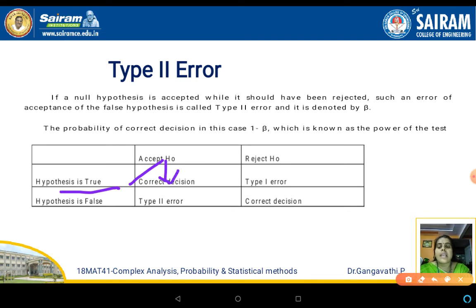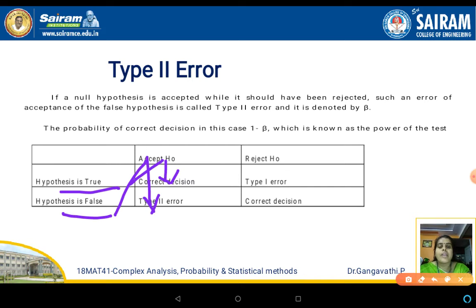In the next case, the hypothesis is false and it has been accepted, then it becomes a type 2 error. By the definition of type 2 error, the hypothesis is accepted while it should have been rejected. So here the hypothesis is false and it has been accepted. Therefore, it is a type 2 error.